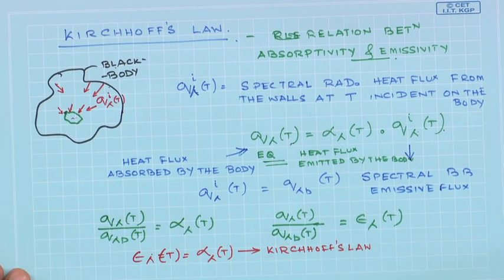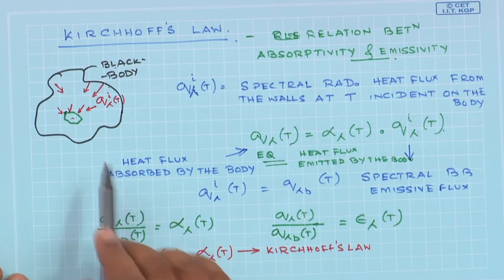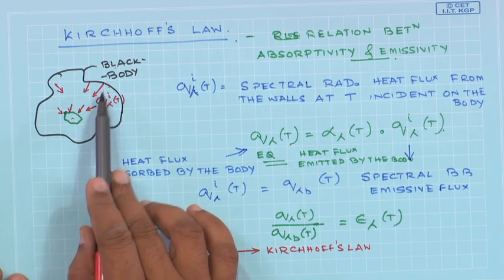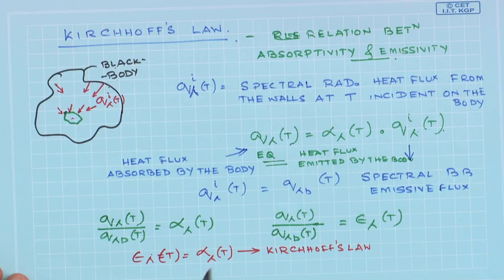So, the assumptions involved are that the radiation is coming from a black body at the same temperature as that of the object itself. Only when these two conditions are met, we can say that Kirchhoff's law is valid. That is, the radiation is coming from a black body, and the temperature of the black body from where the radiation is coming is the same as that of the body itself. So, these are two major restrictions on the use of Kirchhoff's law.